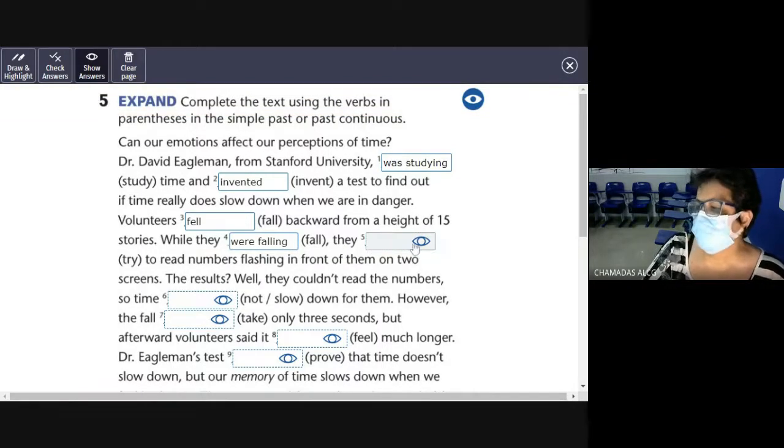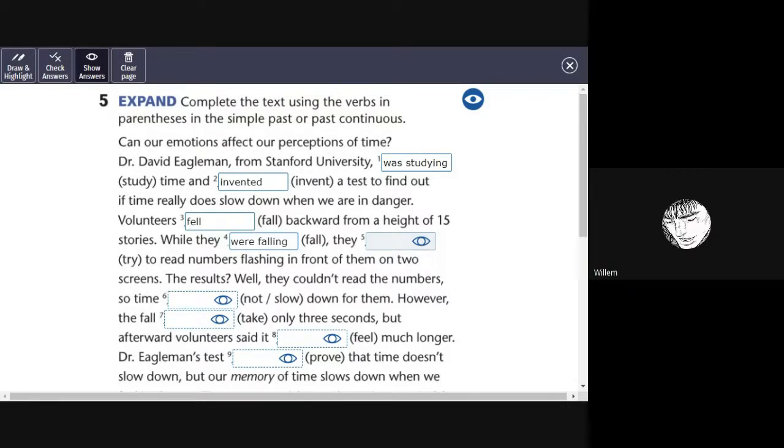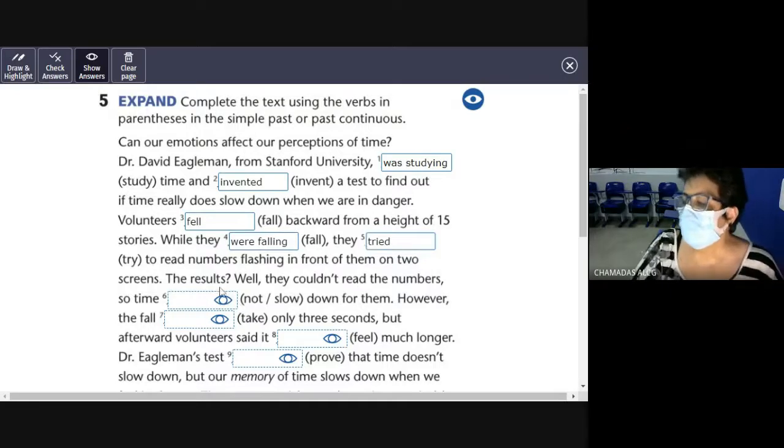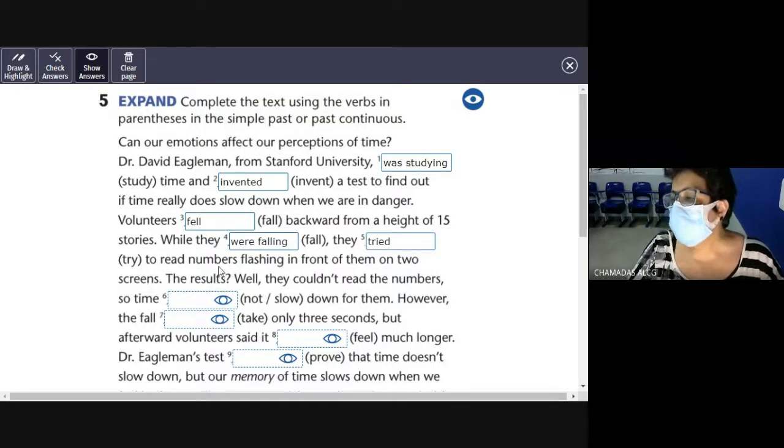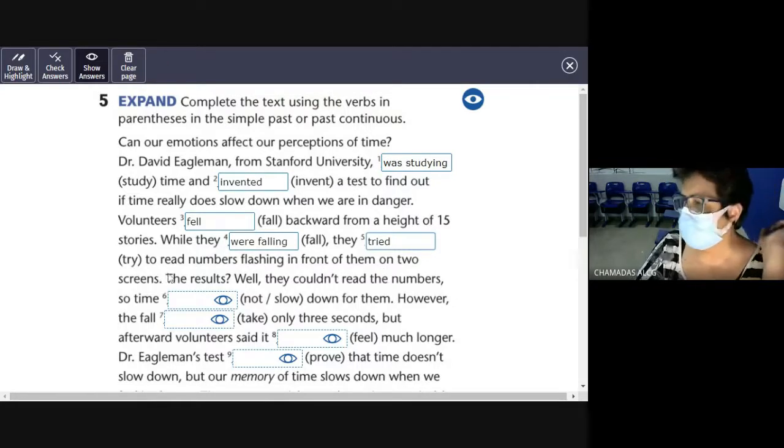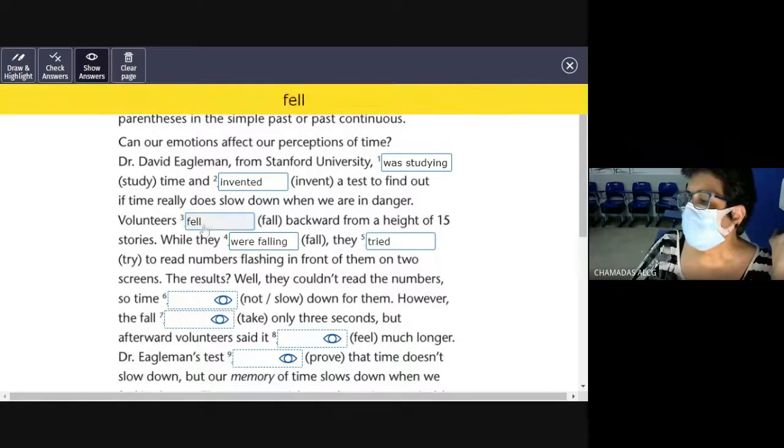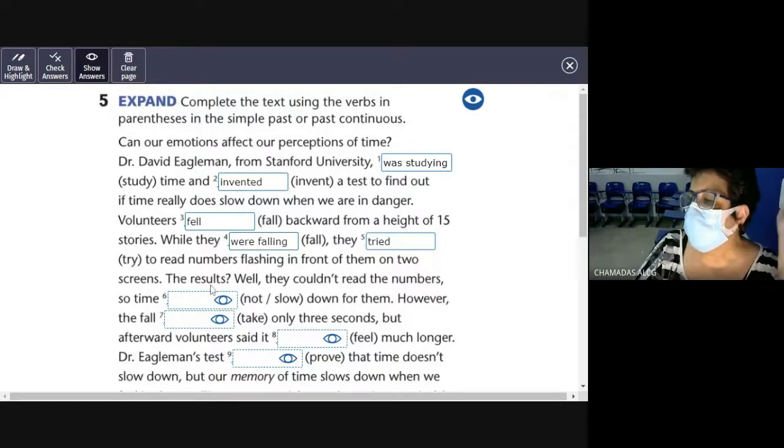They tried to read numbers flashing in front of them on 2 screens, okay? So, all right, so far so good, okay? The results, well, they couldn't read the numbers.